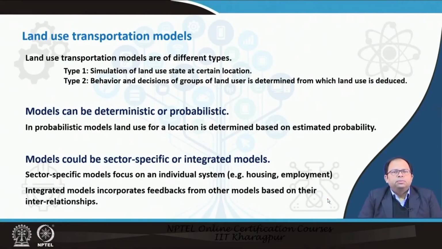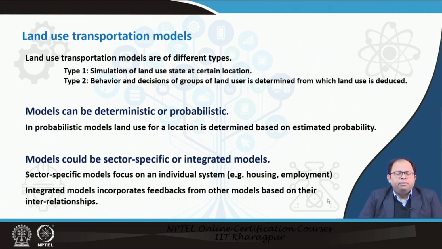So, land use transportation models could be of two different types. The first type is where the land use state of a particular location is simulated. That means we trace how land use of a particular plot or a particular area changes over time.